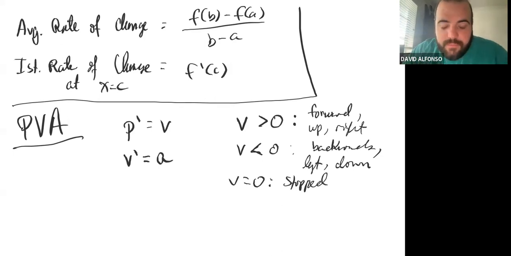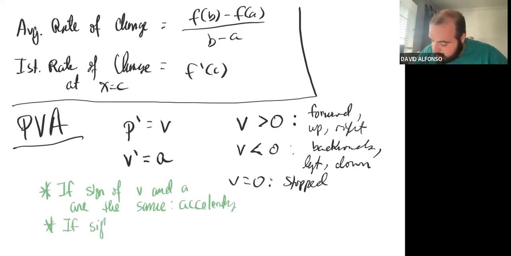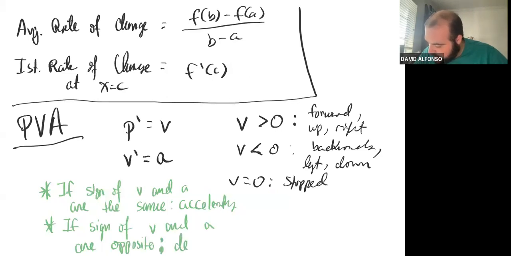So what you have to remember here, this is the weird one with acceleration: if the sign of velocity and acceleration are the same, you would say that the object is accelerating. But if the sign of velocity and acceleration are opposite, you'd say that it is decelerating.